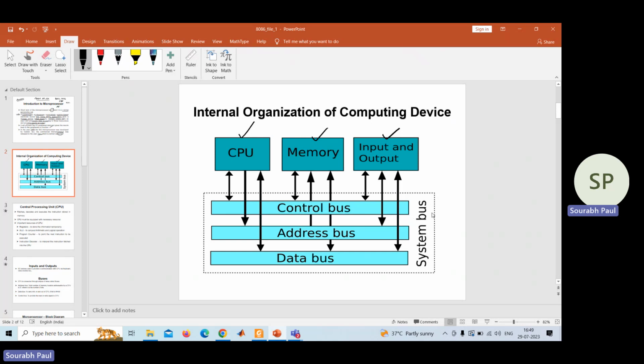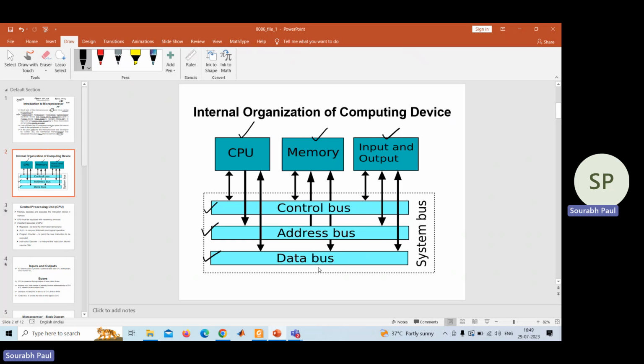These three buses are commonly known as the system bus. What are the buses? Control bus, address bus, and data bus. Now, what is the data bus? The data bus will do the data operation, so whatever data operation is there will be done through the data bus.